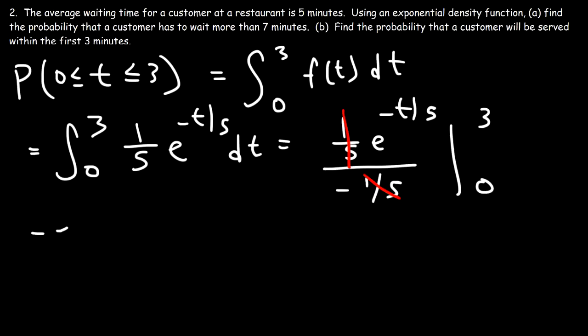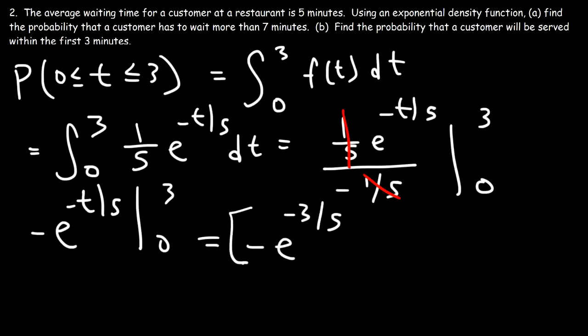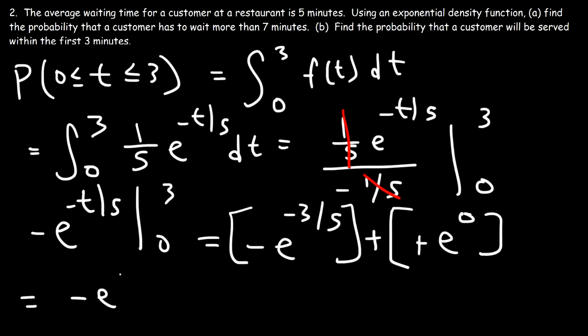And so this is negative e to the negative t over 5, 0 to 3. So let's plug in 3. It's going to be negative e to the negative 3 over 5. And then let's plug in 0. So negative e to the 0 power. E to the 0 is 1, and these two negative signs will cancel. So we have negative e to the negative 3 over 5 plus 1.